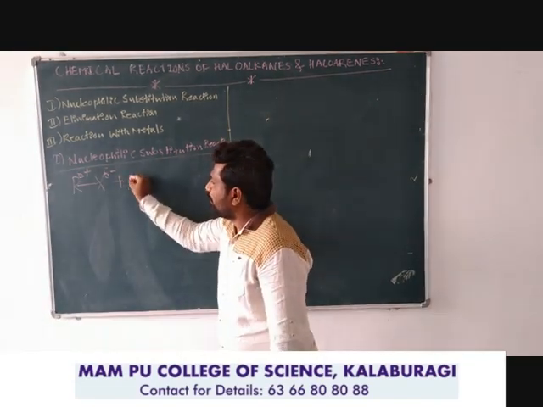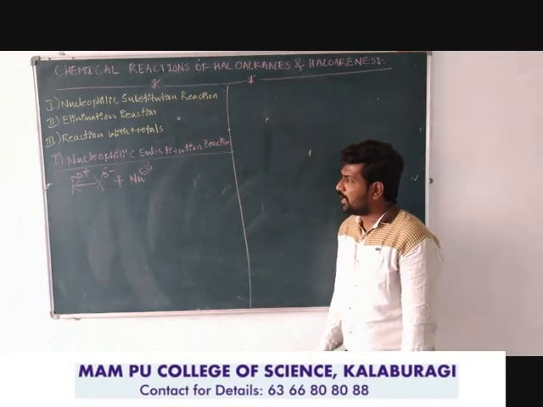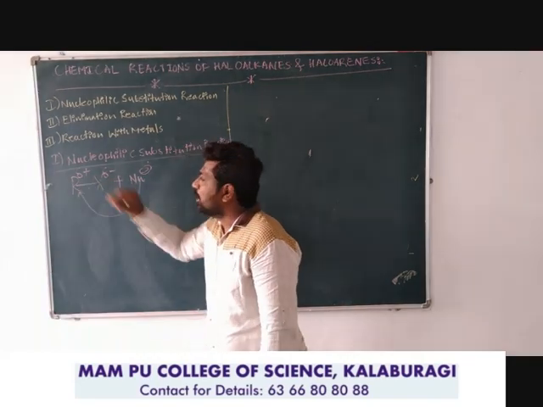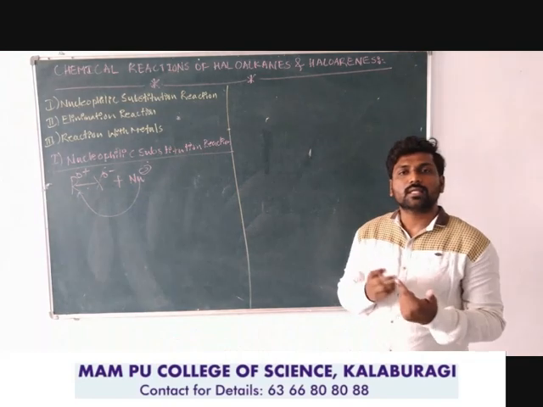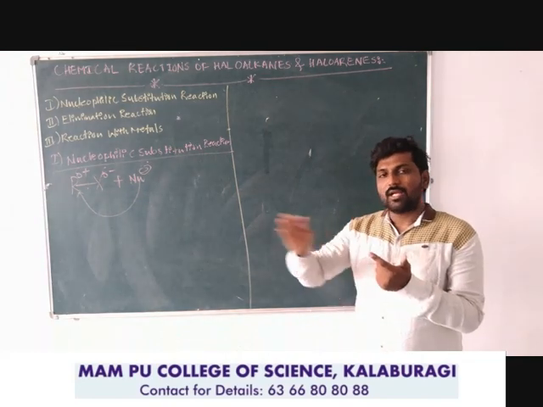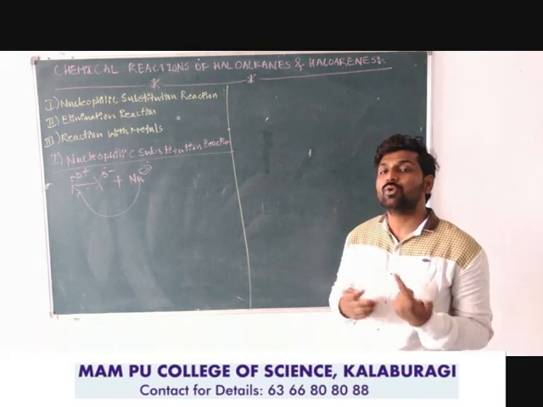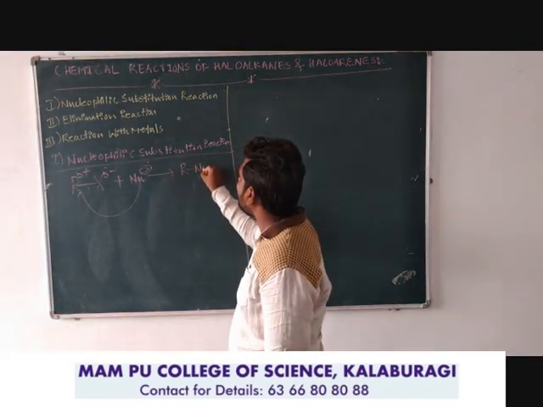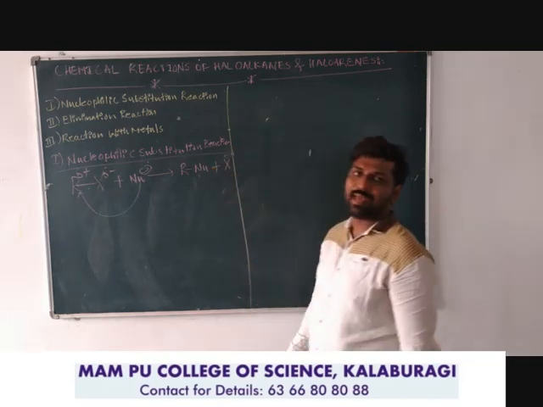When a nucleophile-containing reagent reacts with the haloalkane, the nucleophilic group attacks the alkyl part, which is partially positive. When it attacks the partially positively charged carbon atom, the halogen atom departs, and the halide group is substituted by the nucleophile, and we get R single bond Nu, and X minus is the halide anion.